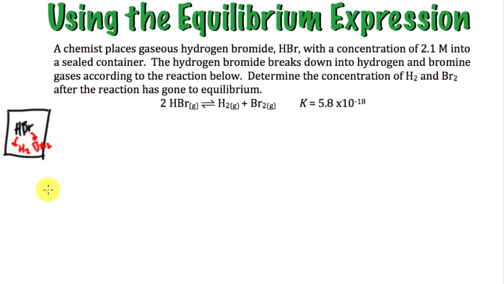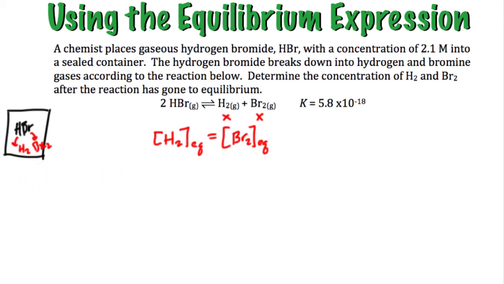If I start with this, I'm going to end up with x amount of this and x amount of the bromine, right? So whatever the amount of bromine is equal to the hydrogen. Our concentration of hydrogen at equilibrium is going to be equal to the concentration of the bromine at equilibrium. Why is that happening?